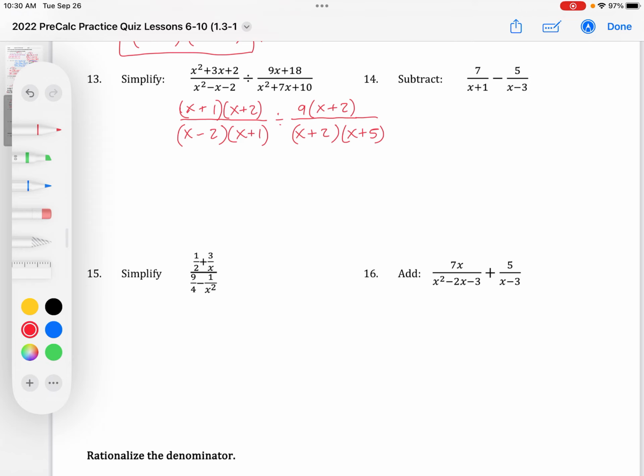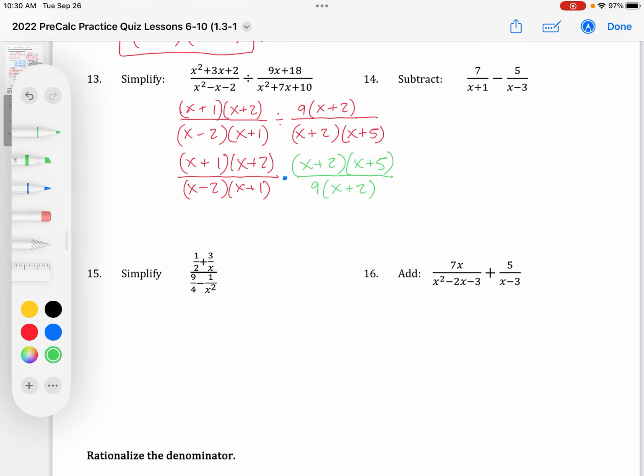We can do keep, switch, flip. So we'll keep this as x plus 1, x plus 2, over x minus 2 times x plus 1. We're going to switch to multiplication and then flip this second fraction to x plus 2 times x plus 5, all over 9 times x plus 2. All right, now we can start canceling.